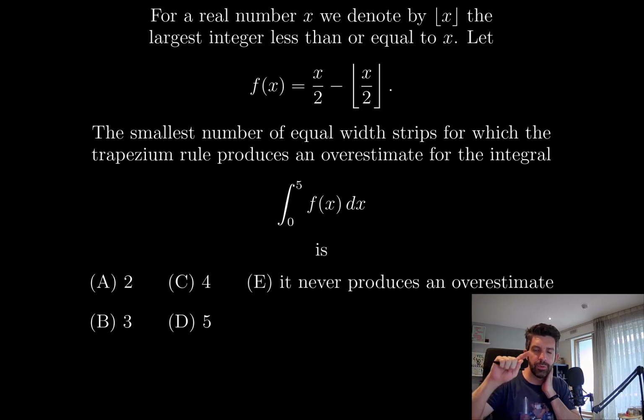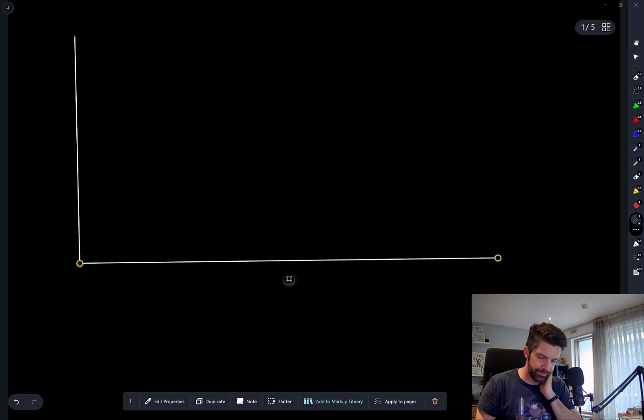It grows linearly with x, but then when x crosses over every half integer, it drops. So I think plotting this function is going to be the best way to see what the answer is. I believe this function is always non-negative.